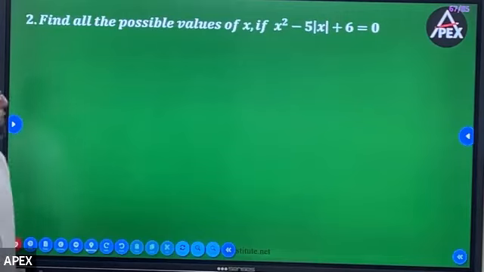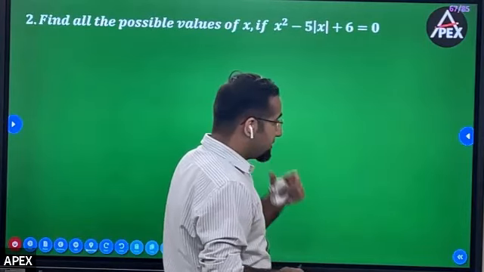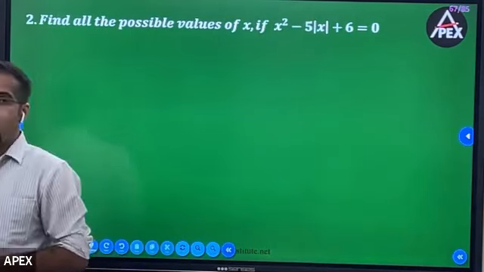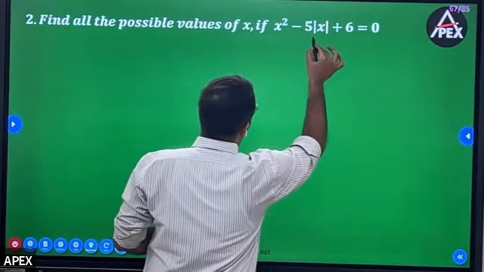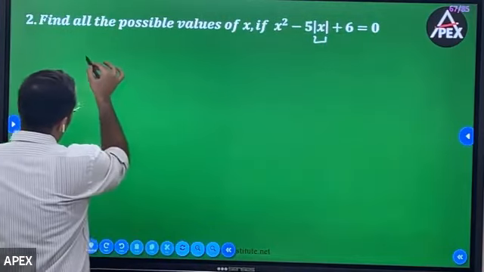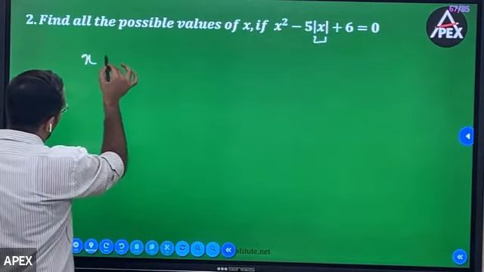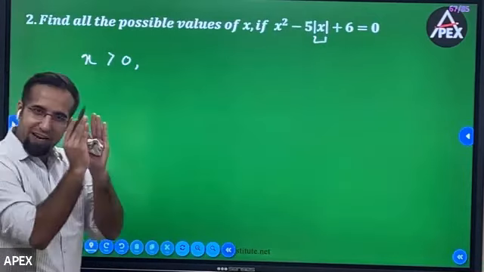Find all the possible values of x if x square minus 5 mod x plus 6 is equal to 0. So I repeat, within the mod, what do you have? Within the mod, you have only a value called x. So let's start with the first assumption. For all the values of x greater than 0, mod x will be written as x only.